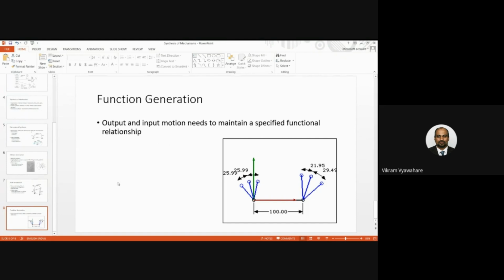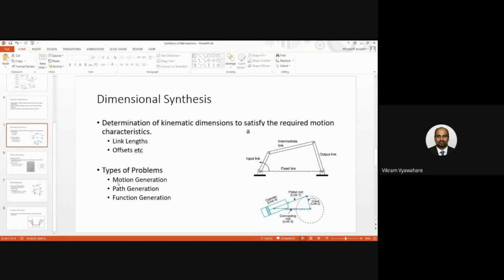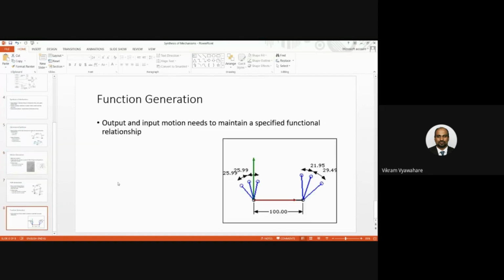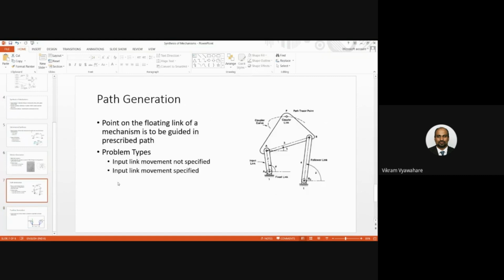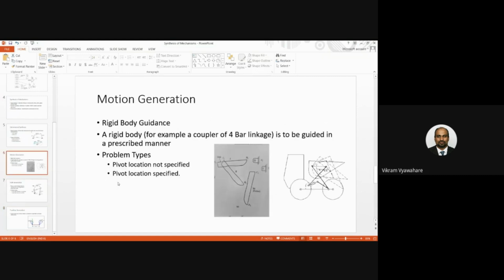So let us take up the motion generation problem. In the examples that we saw, you can see there are three positions. So three position synthesis is what is mainly discussed, and a few examples of four position synthesis will be there, as per your syllabus.